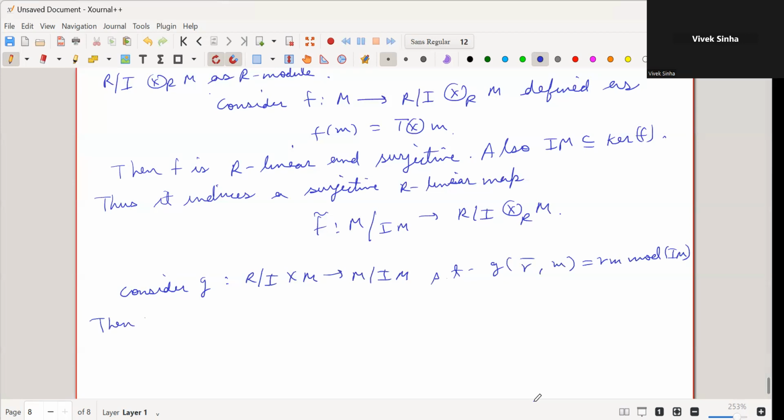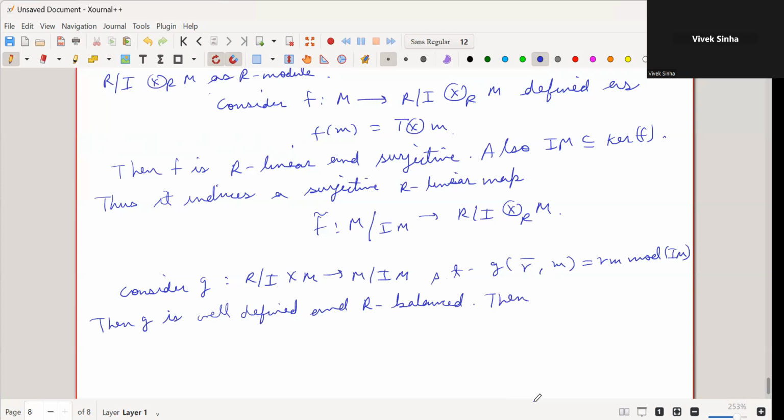Then G is well defined and R-balanced. So by the universal property, it will induce an R-linear map.